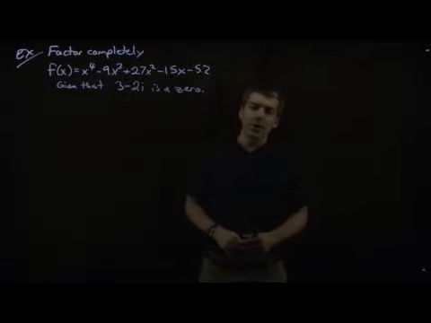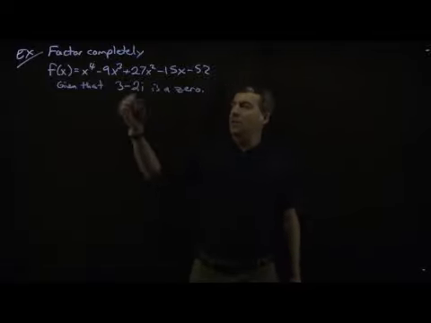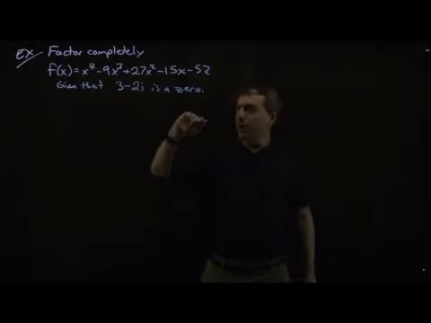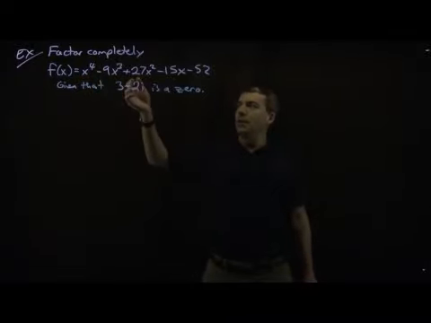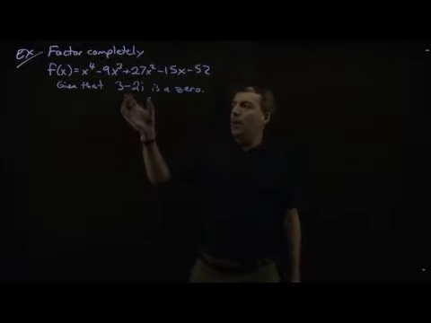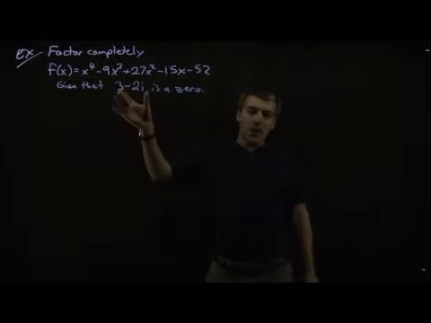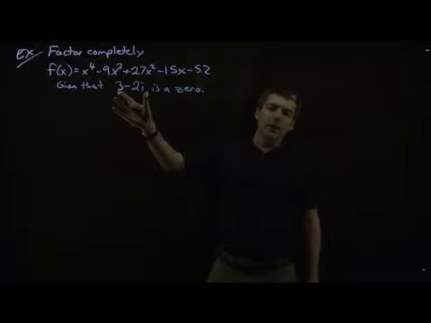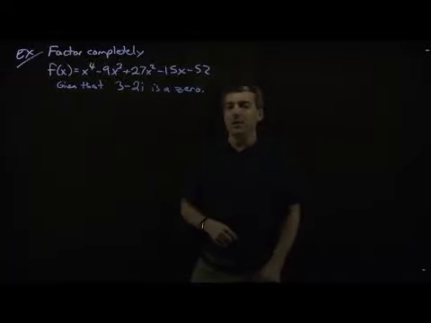Now from the conjugate zeros theorem, we know that since this polynomial has real coefficients, 1, negative 9, 27, negative 15, and negative 52, that if we have a complex number 0, its conjugate must also be a 0.